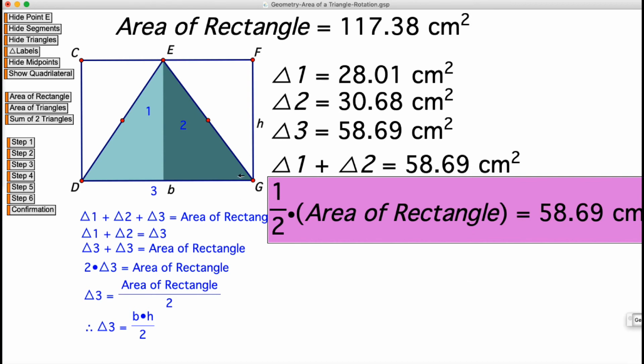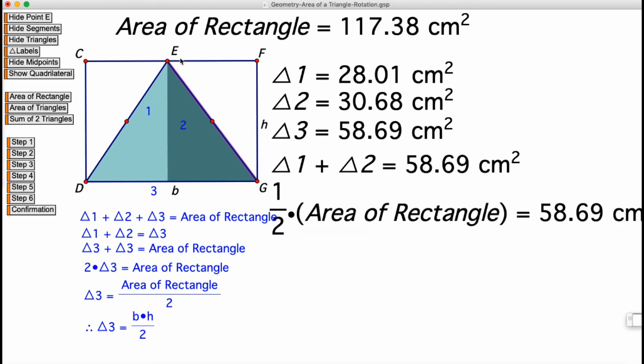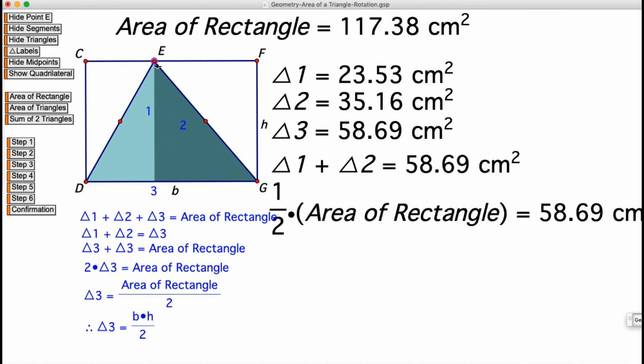Now, looking at this on your sheet of paper, you can simply pick this point E anywhere along the top edge of your sheet of paper. Draw the lines from point E to your corners and then cut along these lines.